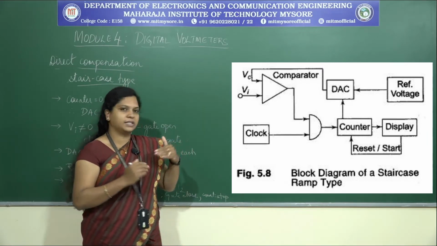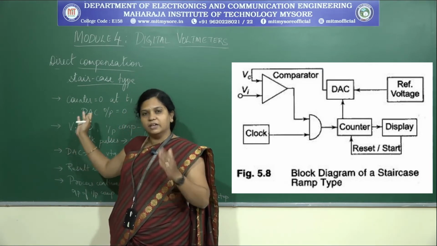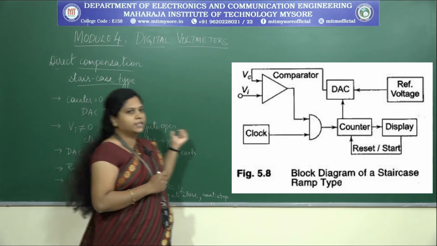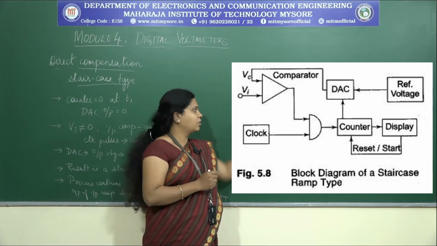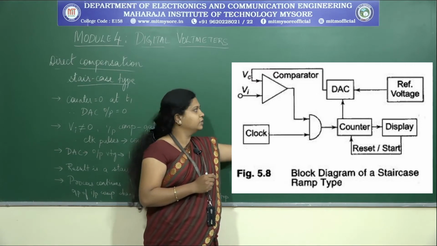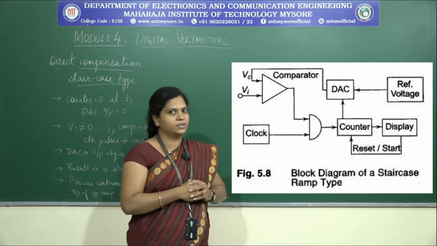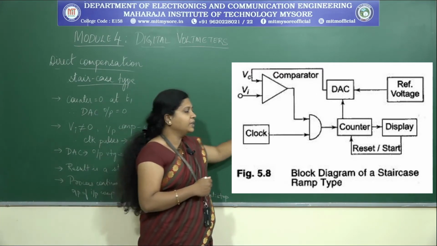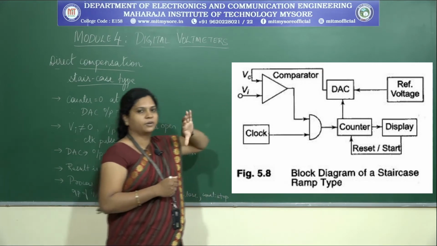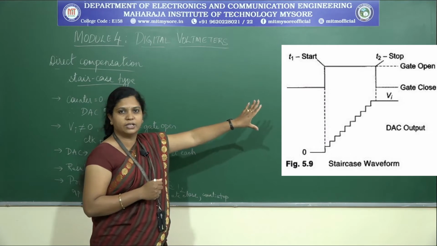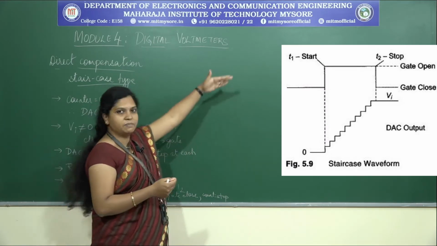If the input signal is not equal to 0 and is some value greater than 0, then the input comparator changes its state, the gate is open, and clock pulses flow through the gate to the counter. The counter starts counting the number of pulses generated. When these pulses are being counted, the output we get represents a staircase shape, a step by step shape.